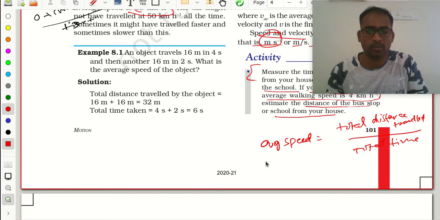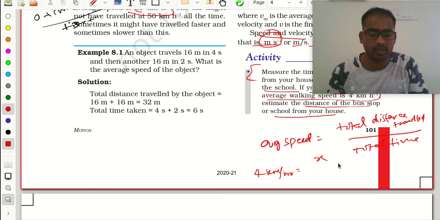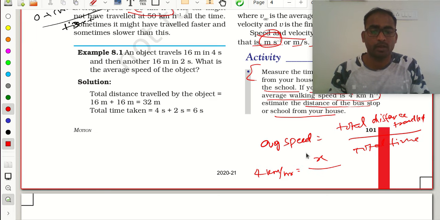Here I know my average speed is 4 km per hour, and the total distance traveled I need to find, so I can take this as x. Then I put in how many minutes or hours of time you took, and I can find this x value.